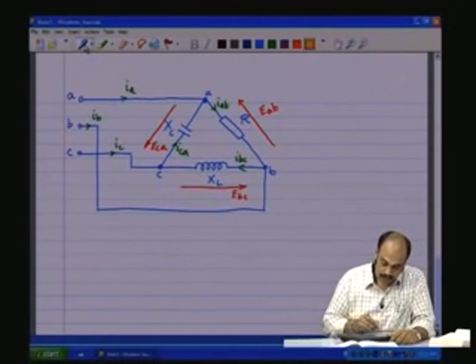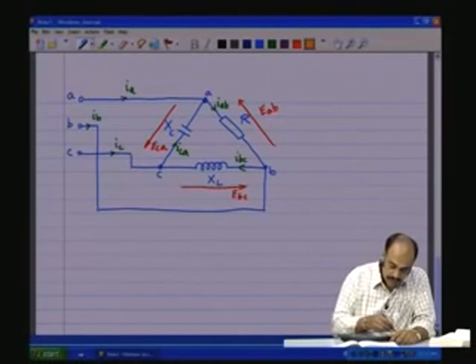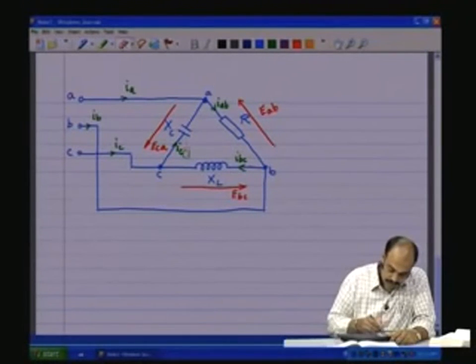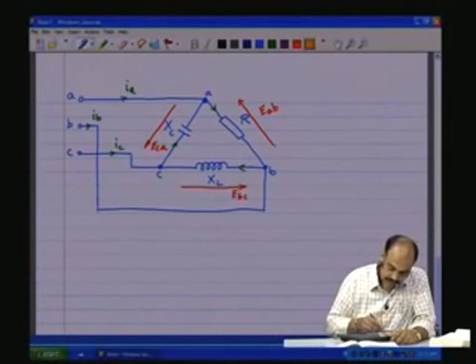So, what we have right now is that we have effective values here, which after having been solved, the values are like this.